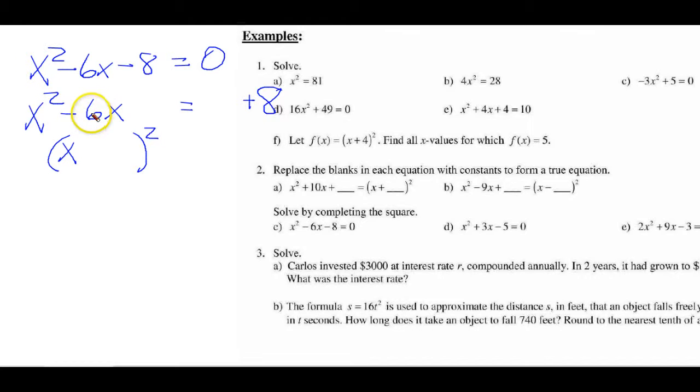How did we get our b term? We had to multiply these and then double it. So to find out what this is going to be over here, and it's always that sign right there, we take half of 6. What is half of 6? 3.